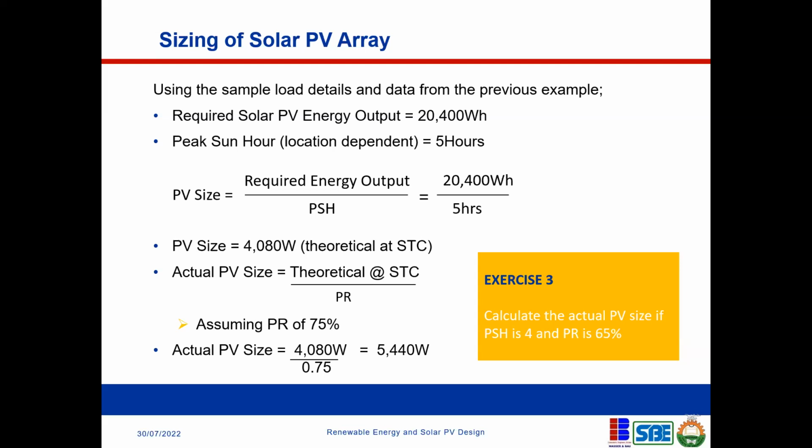I was wondering why. Maybe it's my calculation. Is it 20,400 divided by 4, and then divided by 0.65? Yes. Do it well. It's 7,846.